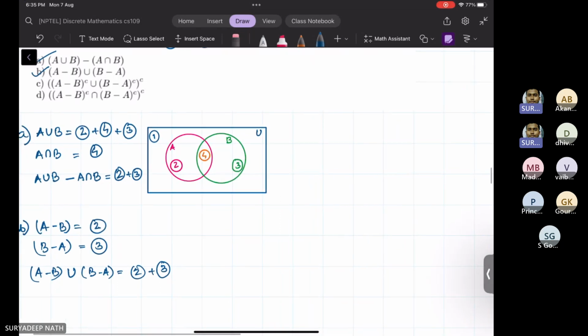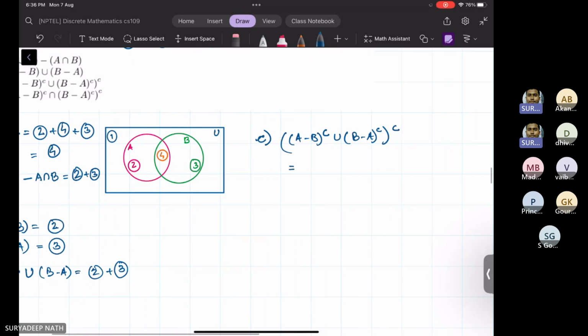Now let us check option C. We can rewrite option C. Option C is saying: A minus B whole complement union B minus A whole complement, and complement of that.